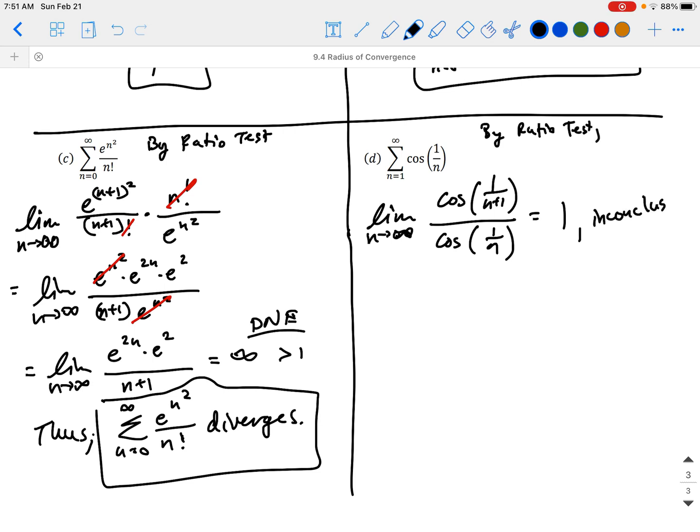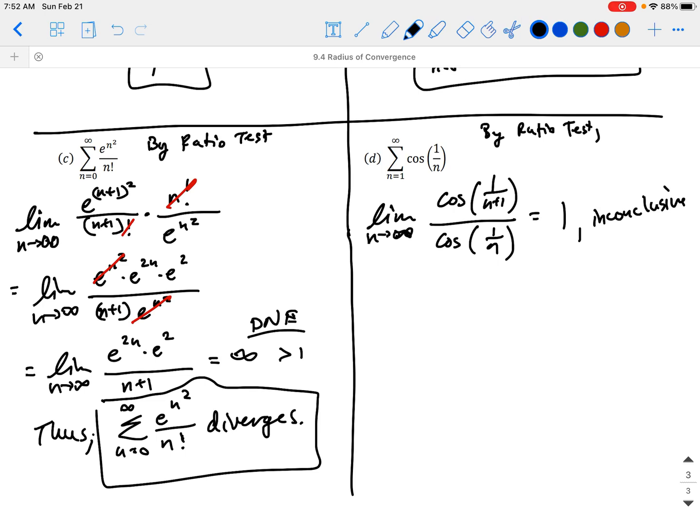So this is inconclusive. So we can apply the ratio test here, but it's going to be inconclusive. And so this would be a series where we would want to use some other type of test for cosine 1 over n.